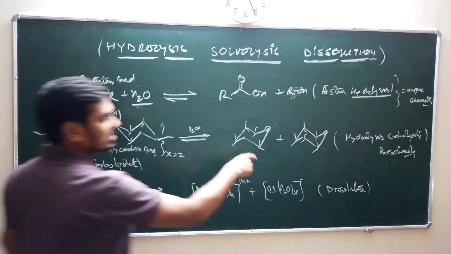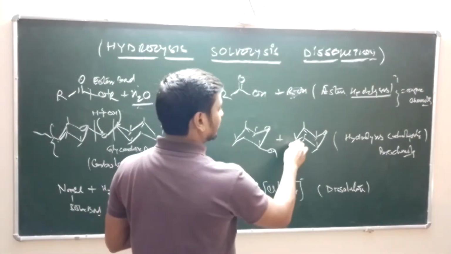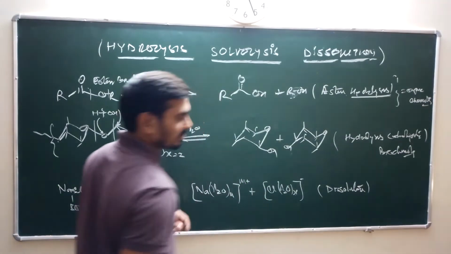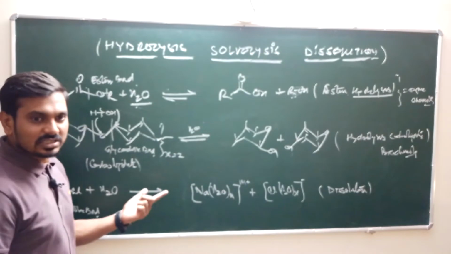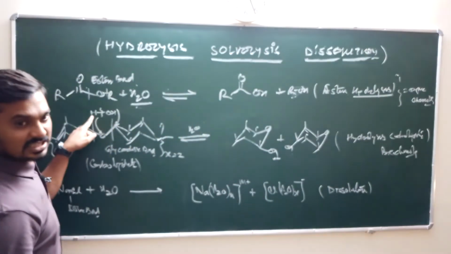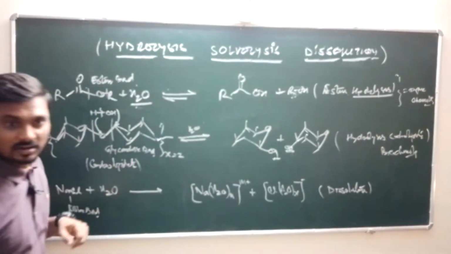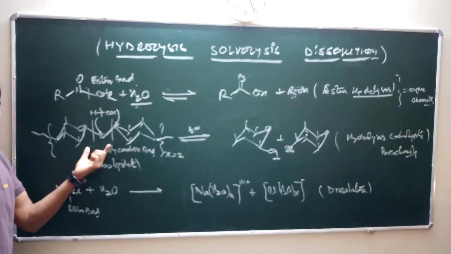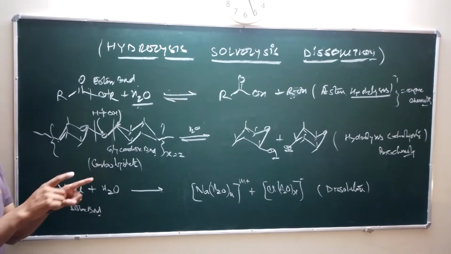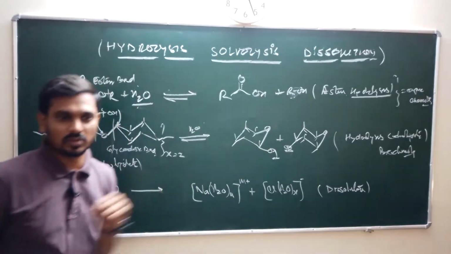Meaning on one side it will get OH, on the other side it will get H. And where has this actually come from? This H has come from this H side and this OH has come from this side. Alright. Ultimately what had happened? The glycosidic bond has broken up and the water molecule has been absorbed into this process.